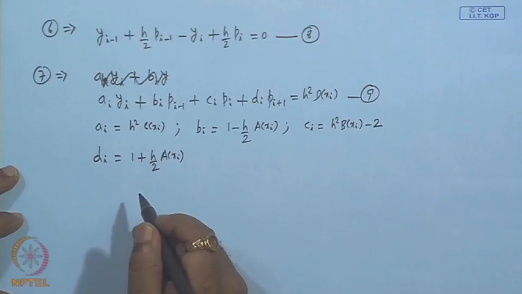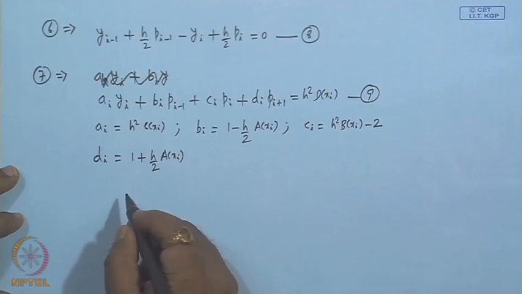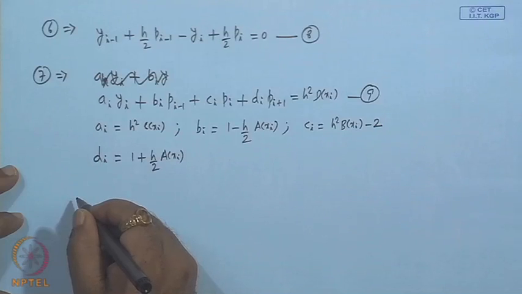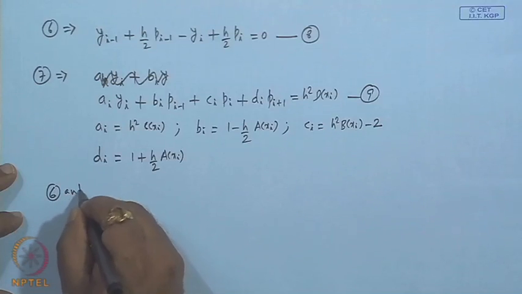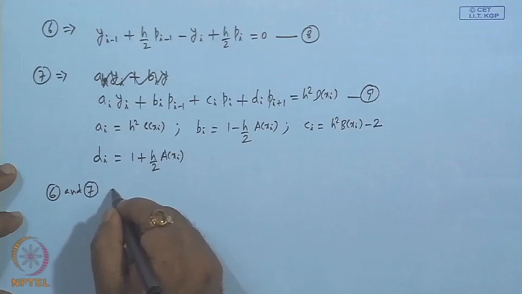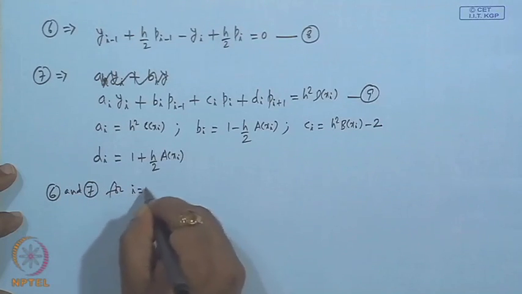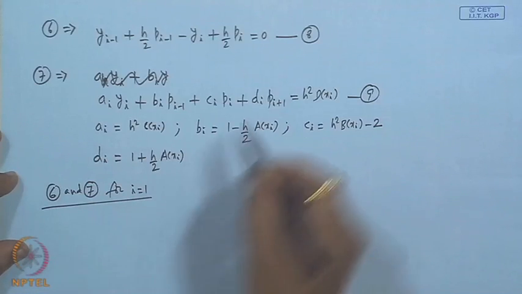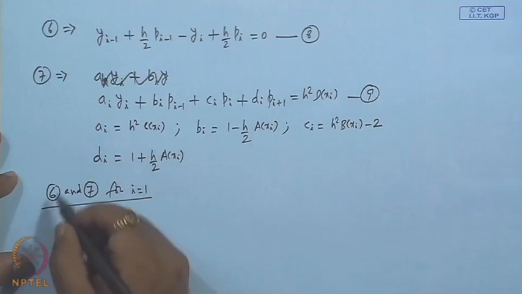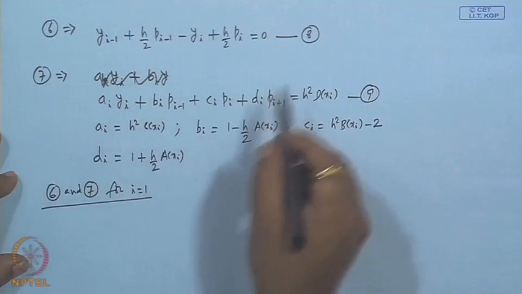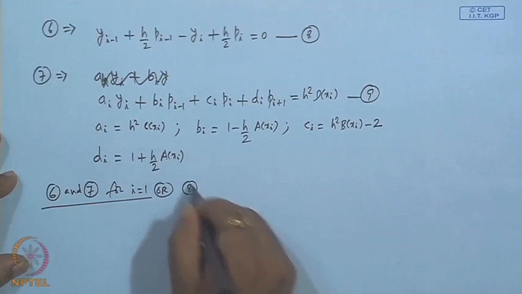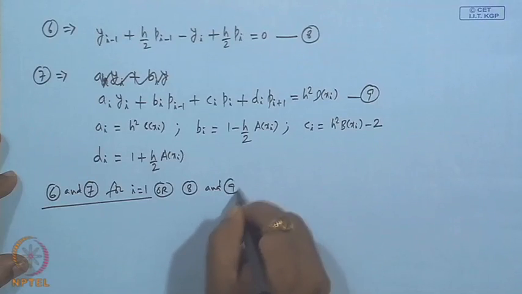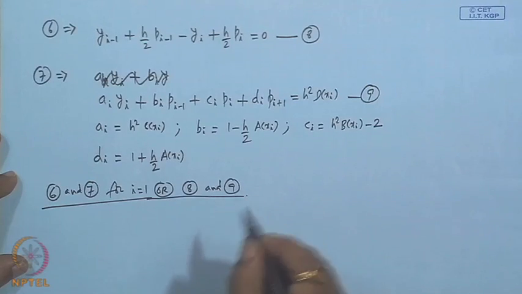So, let us write down 6 and 7 for I equals to 1. So, sorry, this 6 and 7 means 8 and 9.